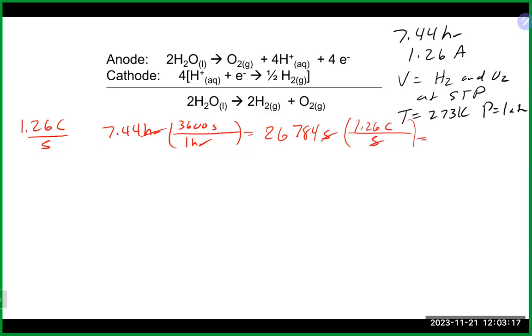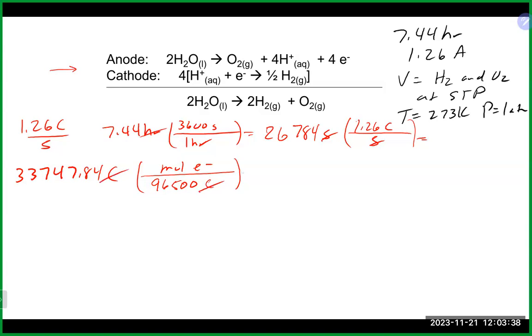Our seconds will cancel. Going to get us 3374784 coulombs. Going to divide that by our Faraday's constant so we can finally get it into moles of electrons, which is going to allow us to use our half reactions up here.